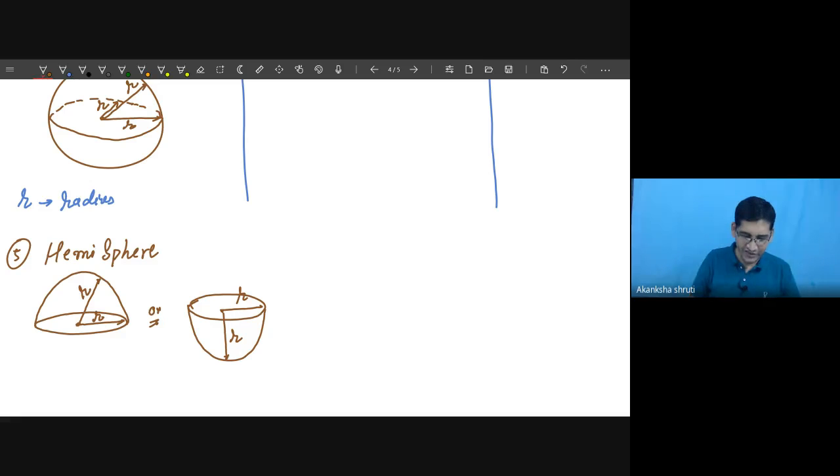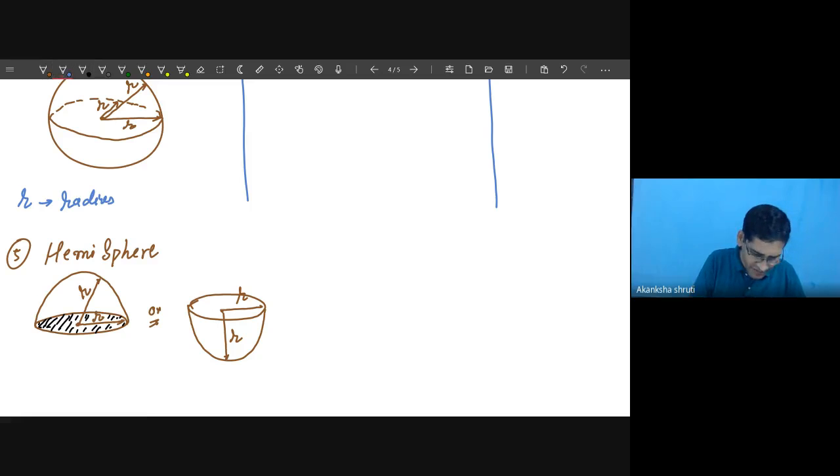Okay. So in this case, we are observing that there is a flat area which can be used for resting or placing this. So this flat area is considered as the bottom of this, and it is not counted in calculating the curved surface area.